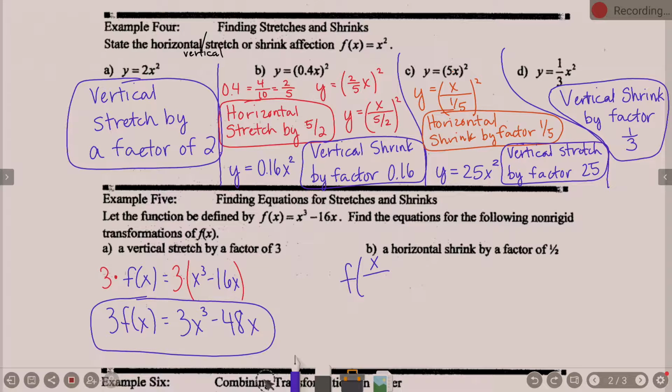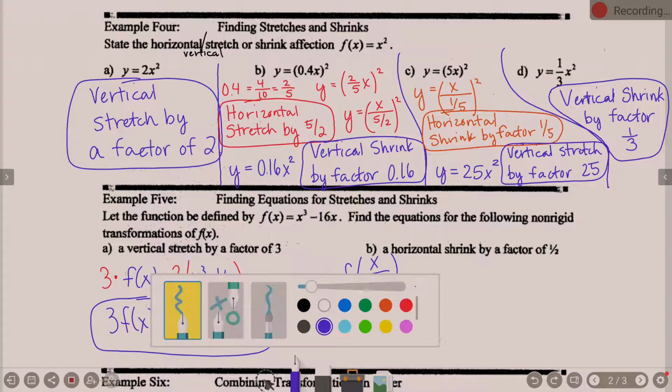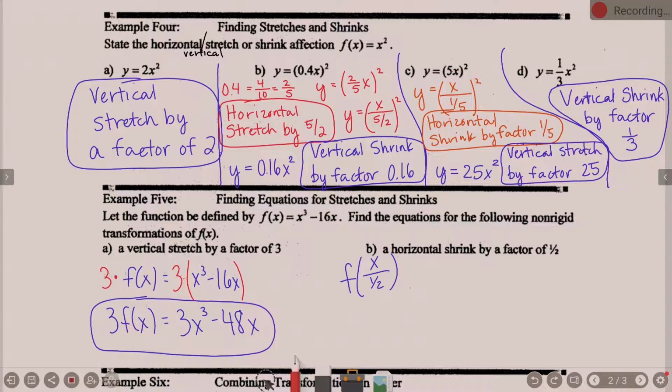C in this case is going to be 1/2. So because it says horizontal, we're taking the x value and dividing it by 1/2. Now, side note, let me ask you a question, because I really don't want to do x divided by 1/2 every place I see an x.